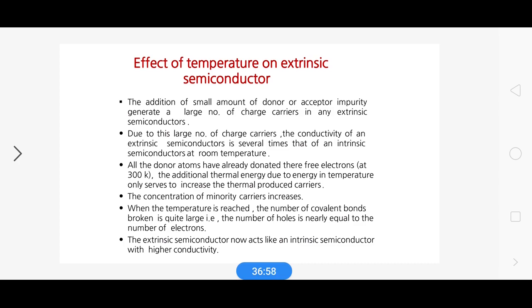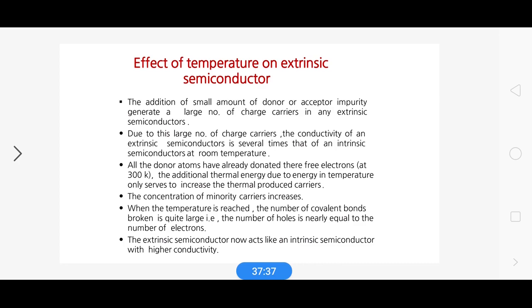So by giving donor type or acceptor type atoms, there will be free electrons or free holes, and the addition of thermal energy, by increasing the temperature, only serves to increase the thermally produced carriers. The concentration of minority carriers increases due to thermal energy.